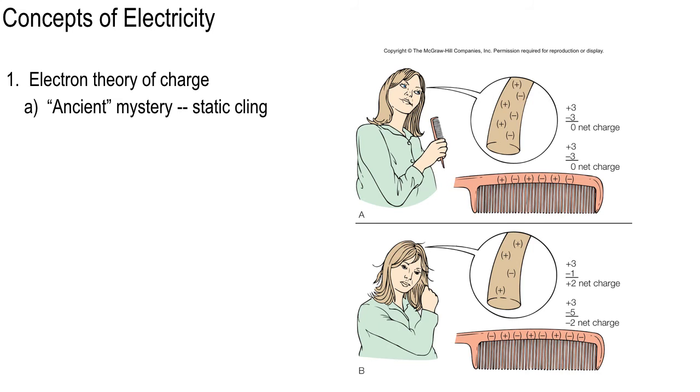Today we call it static cling. You put stuff in the dryer, you forget to put in a sheet of cling-free or bounce, and all your socks stick together. It's because of static electric charge.